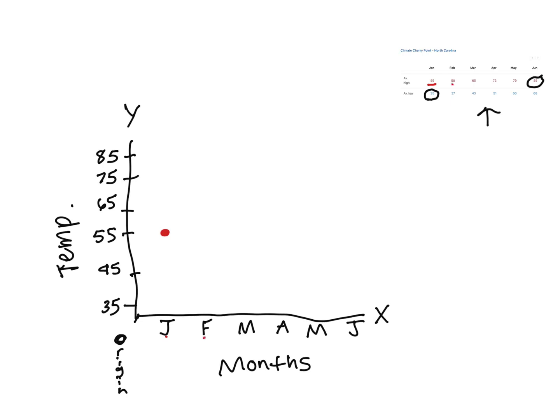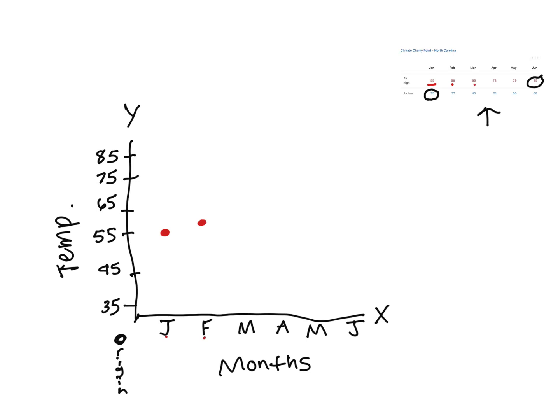Uh-oh, I don't have 58 exactly on my y-axis, so I'm going to have to think about where 58 would be. So 55, 56, 57, 58. So 58 is a lot closer to 55 than it is 65. So I'm just going to have it a little bit higher here. And again, it's not going to be perfect, but I'm doing my best to make it as close as possible.